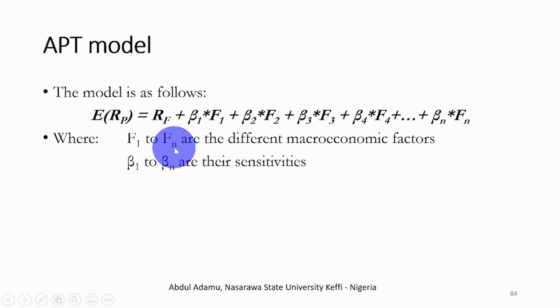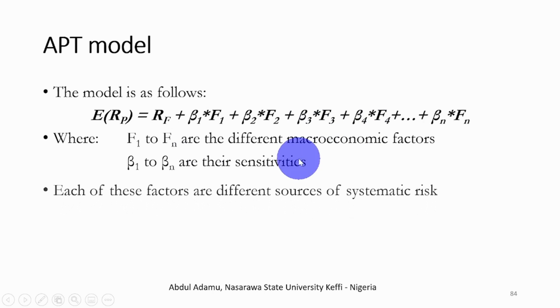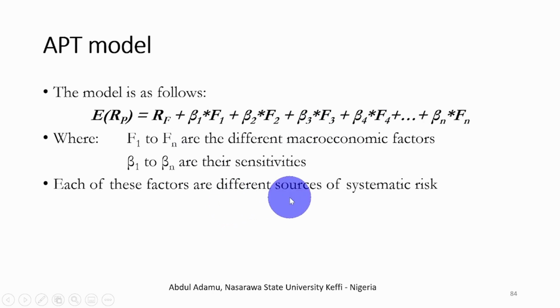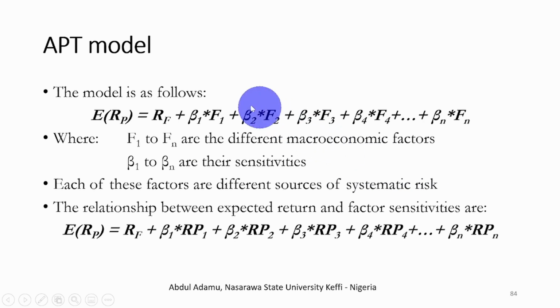So F1 to Fn are the different macroeconomic factors, and beta 1 to beta n are their sensitivities to changes. Each of these factors is a source of systematic risk. That is why we have their beta. Then the relationship between the expected return and factor sensitivities can be expressed as this.